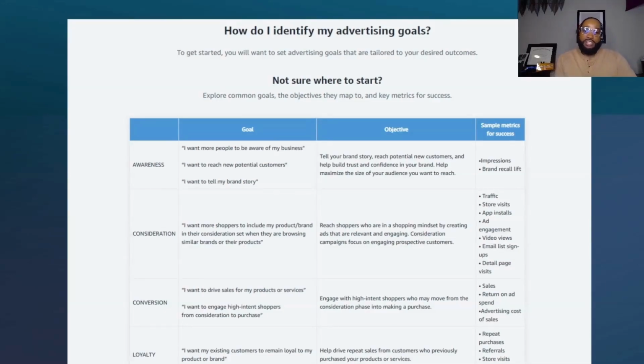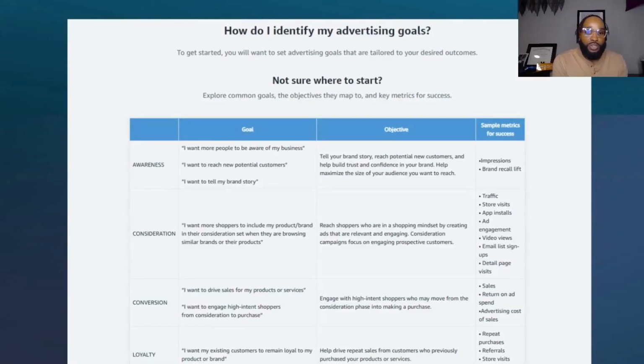Having these goals set before you even start advertising on Amazon will help determine whether or not you're running the right advertisement, and it'll also help you determine if you're looking at the right metrics in the Amazon advertising reports. For example, I'll just cover a few here.